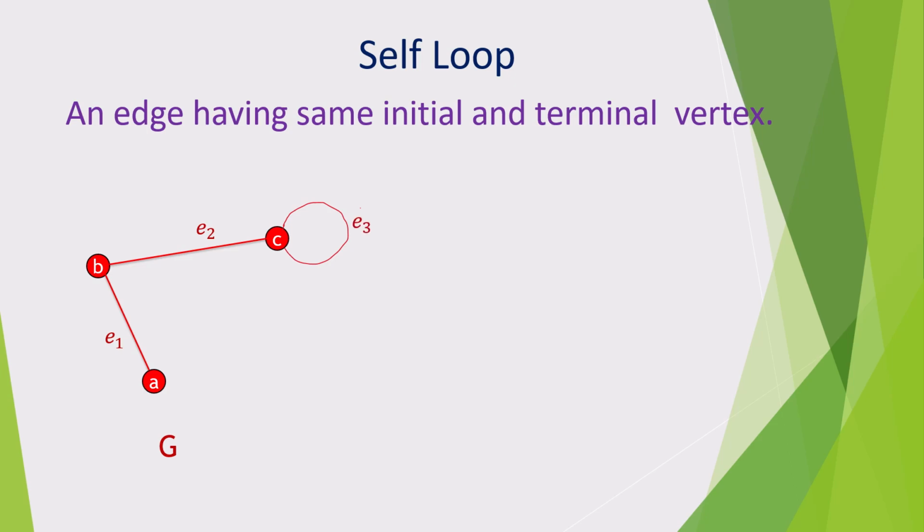You may easily see that E3 is incident on C. That means E3 has only one vertex C, the same initial vertex and terminal vertex. Thus E3 is a self loop.